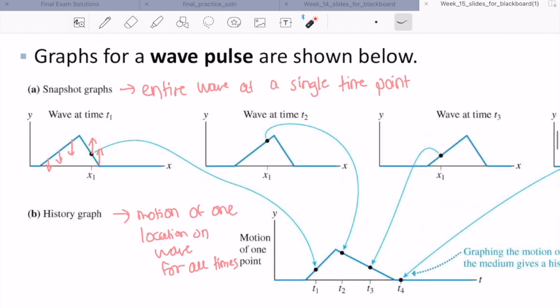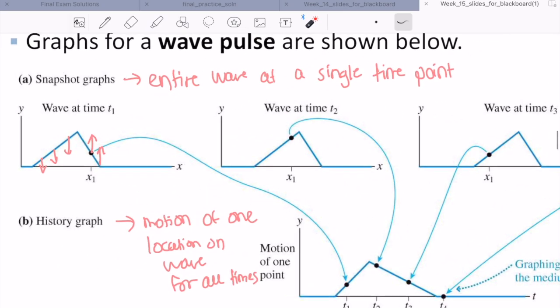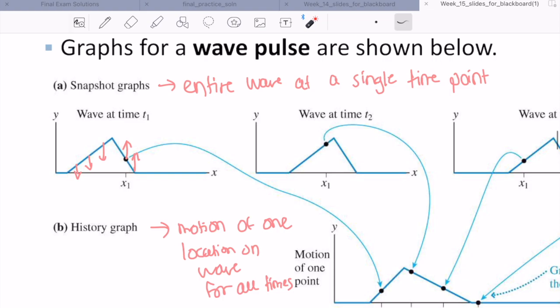So for history or snapshot graphs, the axes are different. For snapshot graphs, forget the y-axis. If I'm just looking at the x-axis, this would just be the shape of the wave propagation.